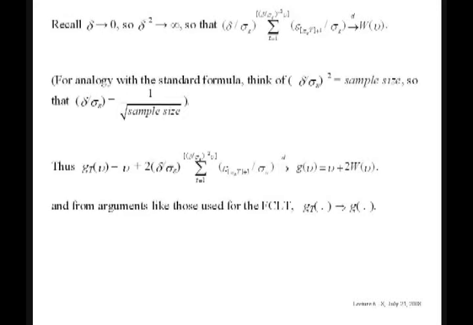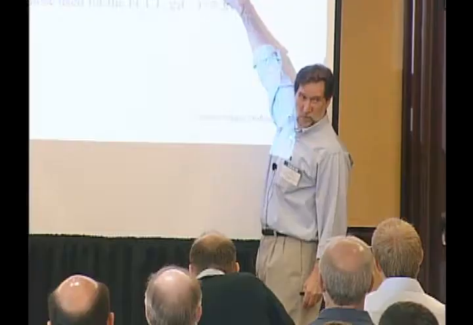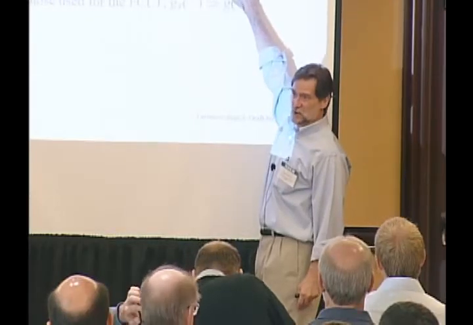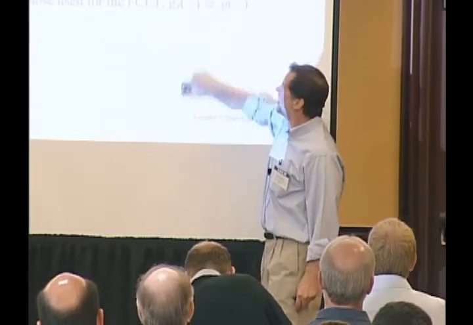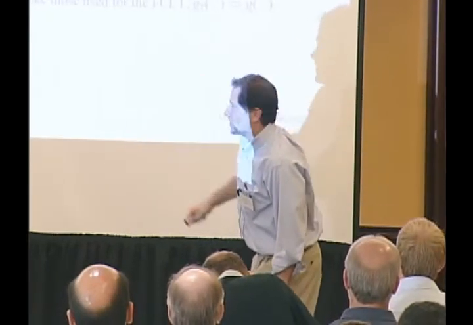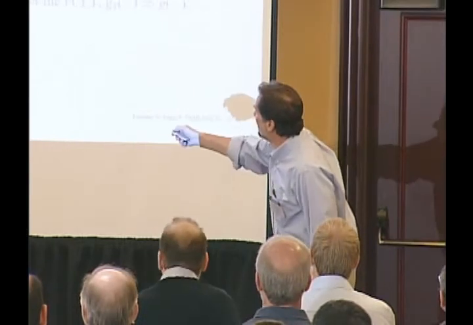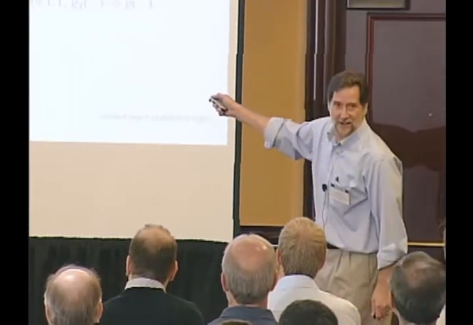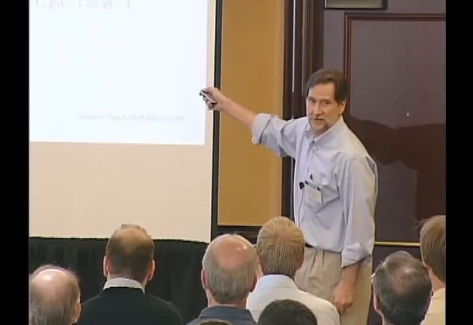This is sample size, but times nu. So that average bit is going to behave like this Wiener process evaluated at nu. And then what's in front of this is nu. Okay? So this function is going to behave like this function.